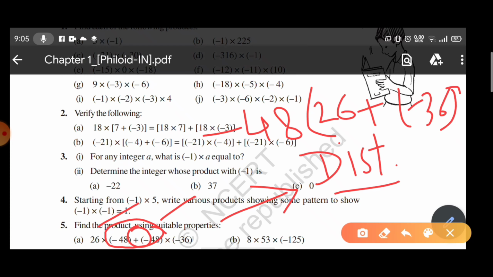This is a simple subtraction question that you have done earlier, and then multiply it with minus 48. In this way you can simply do your calculation with the help of the properties that you have learned, that is associative and distributive.